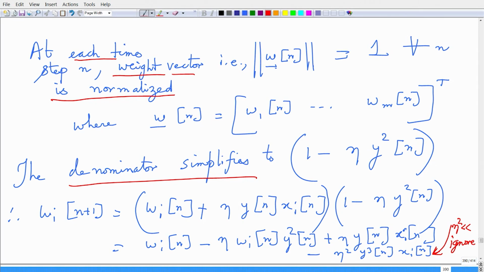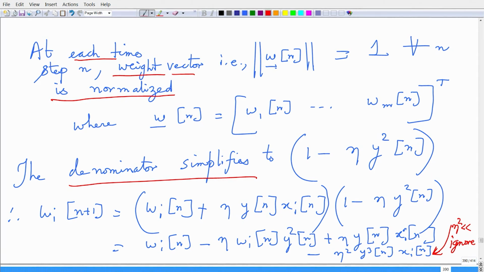So, let me expand this again. I get terms that involve wi of n and then eta and then eta square. So, I just have 4 terms here. You just do the algebra and make a further simplification that I ignore the higher powers of eta, eta square and above.